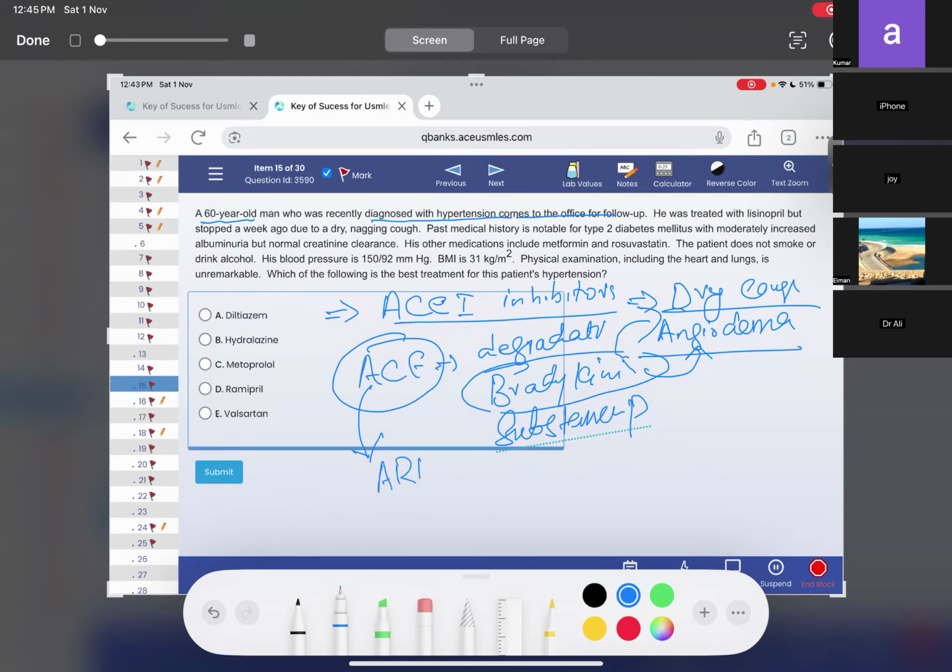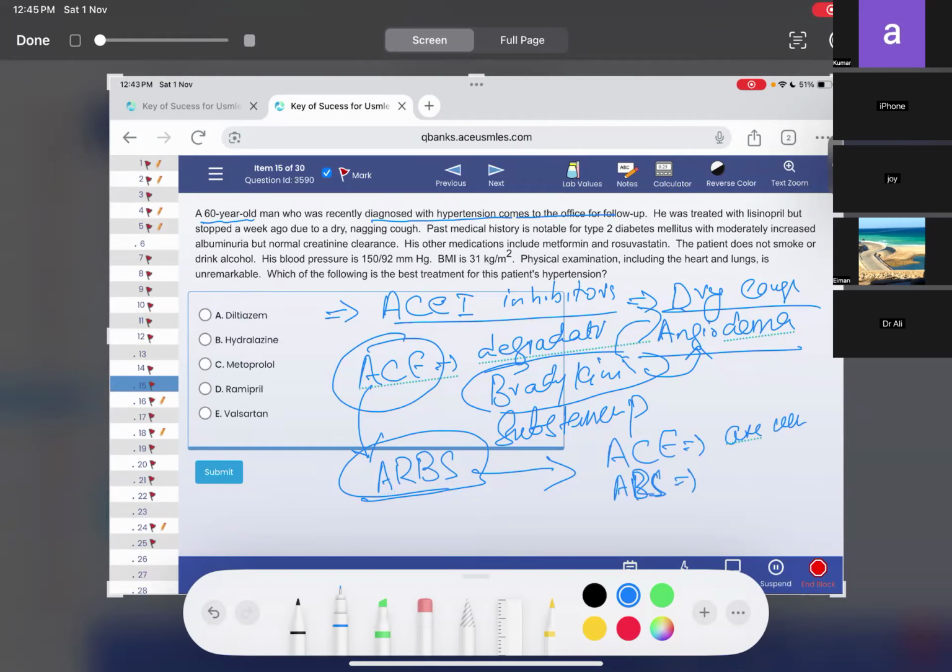Valsartan. ARBs. So they are asking which one of the following is the best treatment for this patient, because ACE inhibitors and ARBs usually have the same functions.